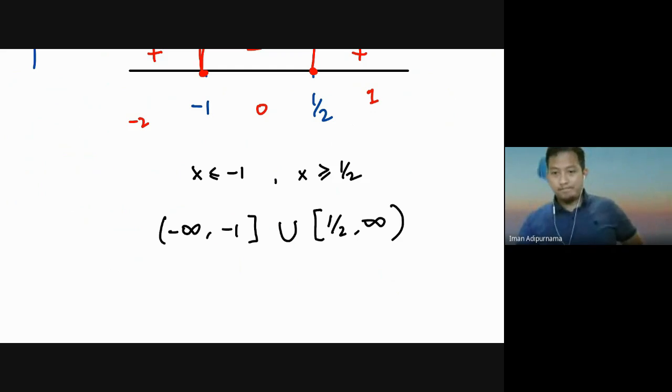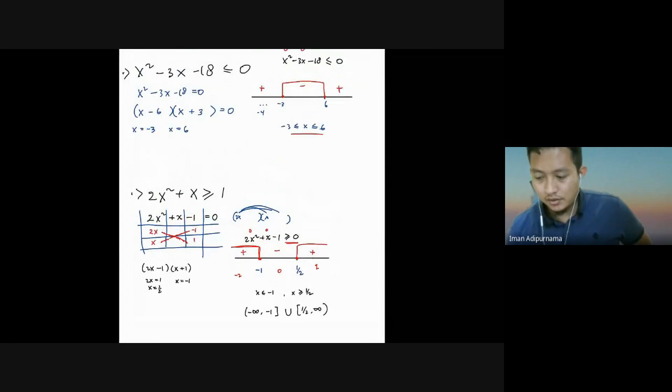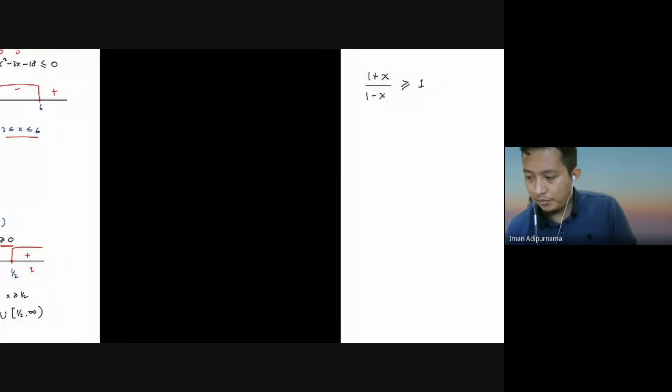All right. Any questions? Okay, if there's no question, let me move on to another inequality, another section. Okay, move to here.